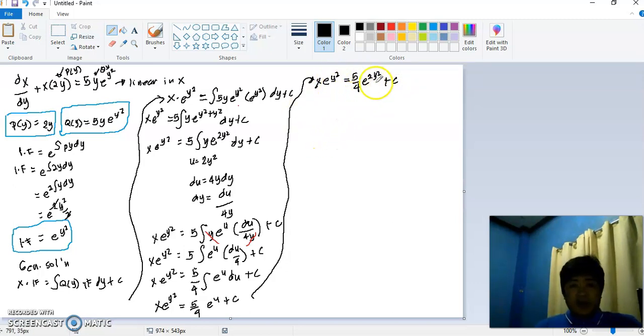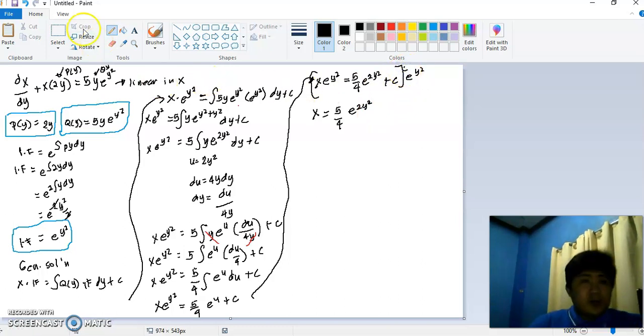Now we divide both sides by e to the y squared.